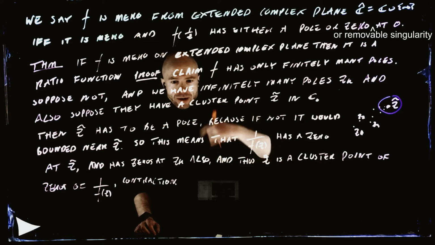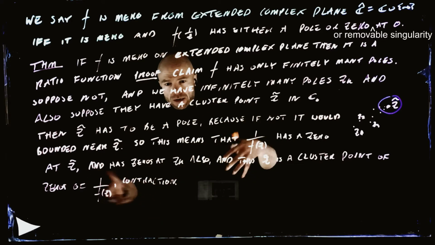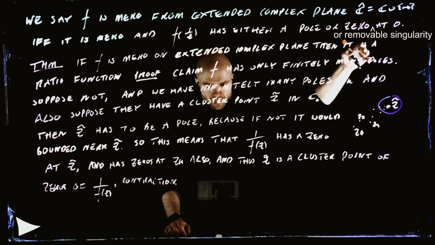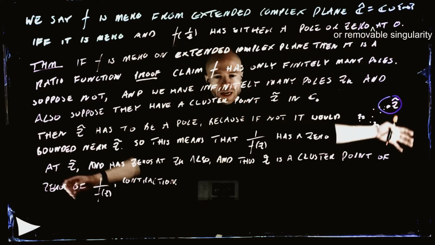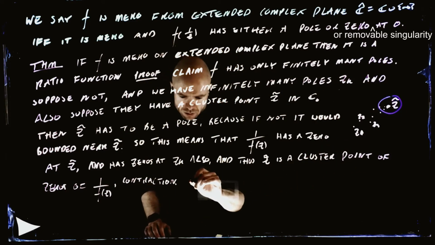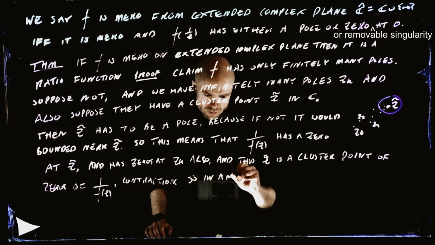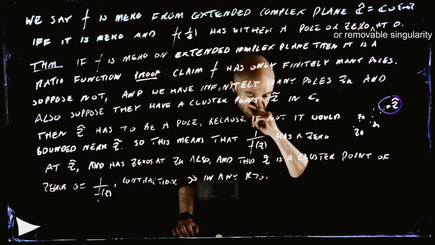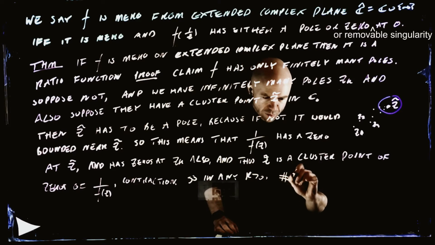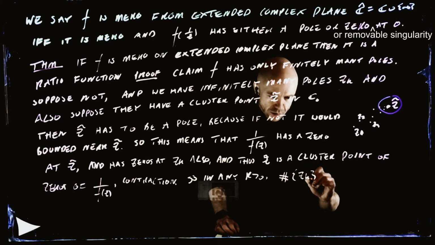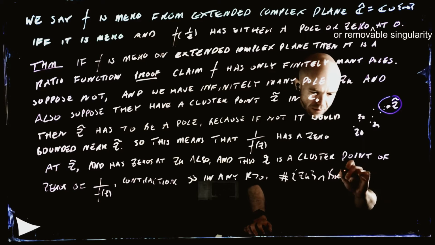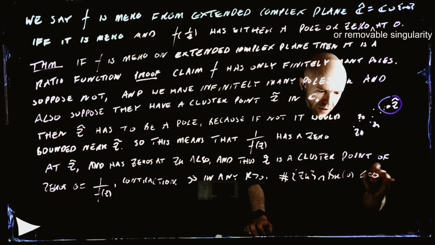Yeah? But if there are infinitely many of them, then if there's no cluster point, then they have to go off to infinity. Yeah? Because in any bounded region, there has to be at most finitely many zeros. So this means the cardinality, the number of zk inside the ball of radius r around 0 is less than infinity.